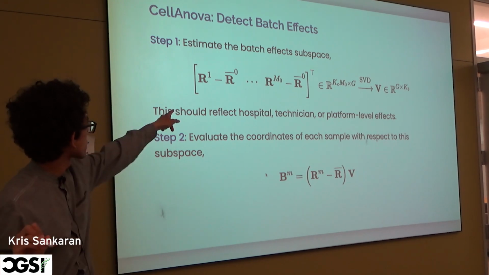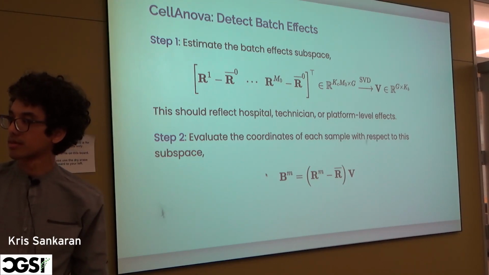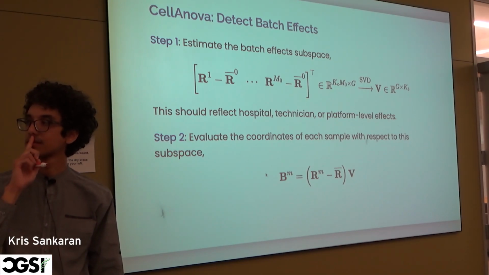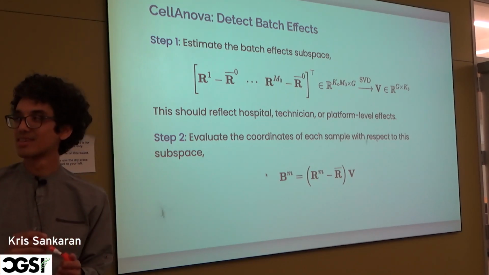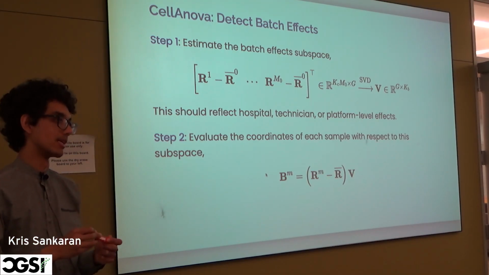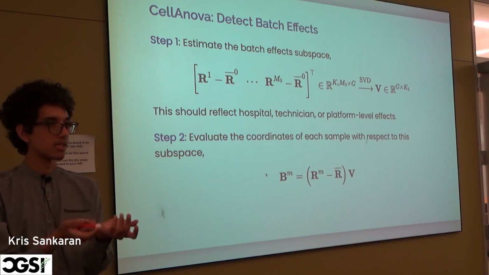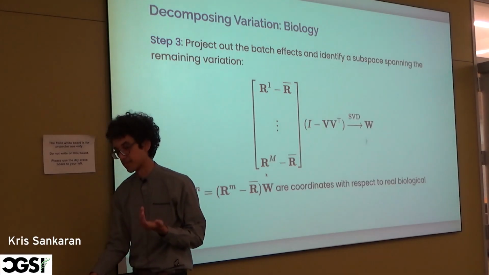Once I do this subtraction here, I have basically overlapping centroids. And now you just look for the variation that remains. That subspace that remains, this is the batch effect subspace V. Okay, so that's the main idea.